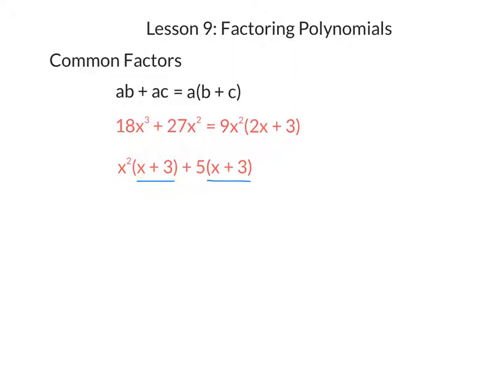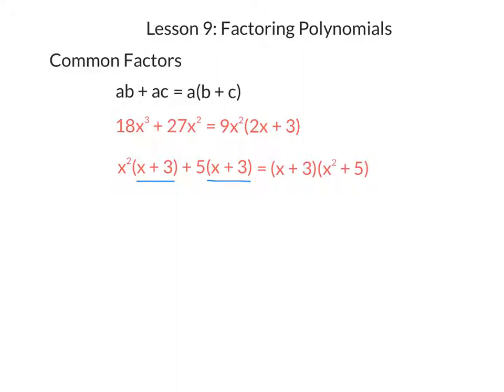So we have a common factor, x plus 3, which we should be able to factor out. And this results in x plus 3 times x squared plus 5. So remember, very first thing you do whenever you're factoring a polynomial, look to see if you've got common factors.